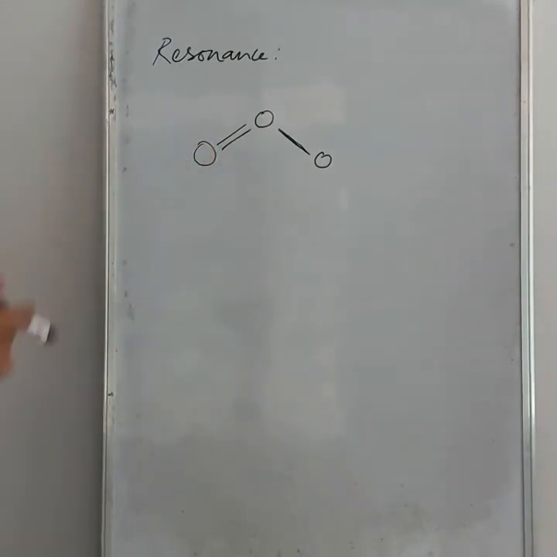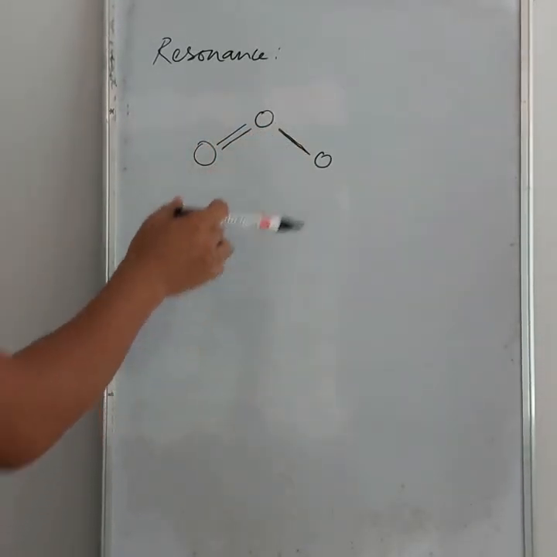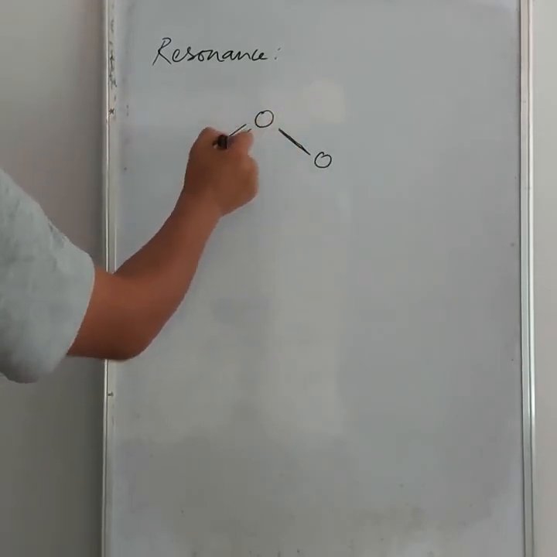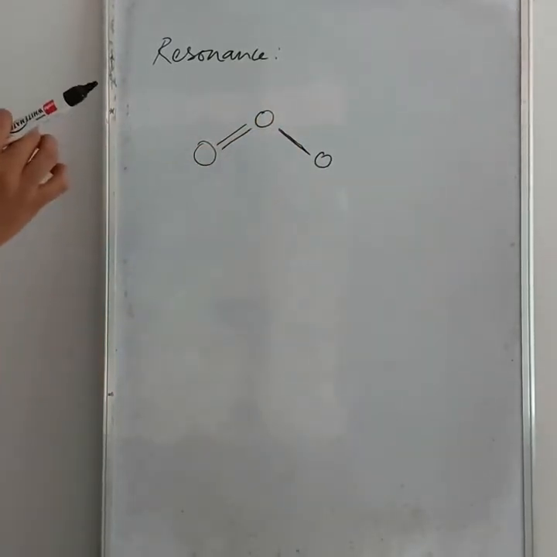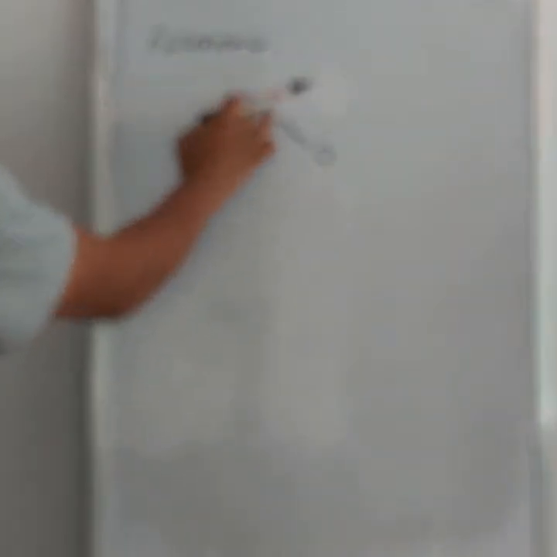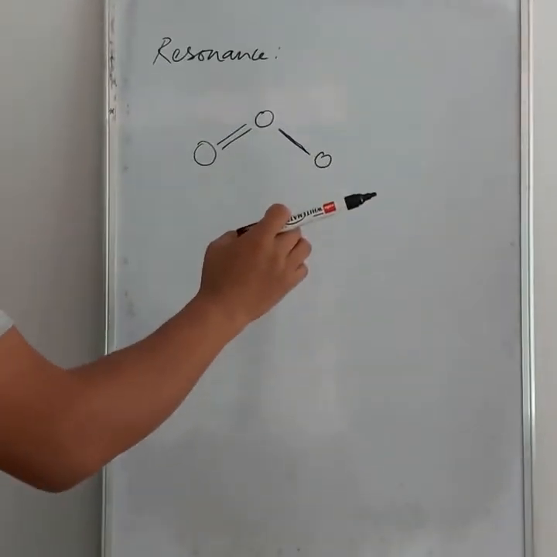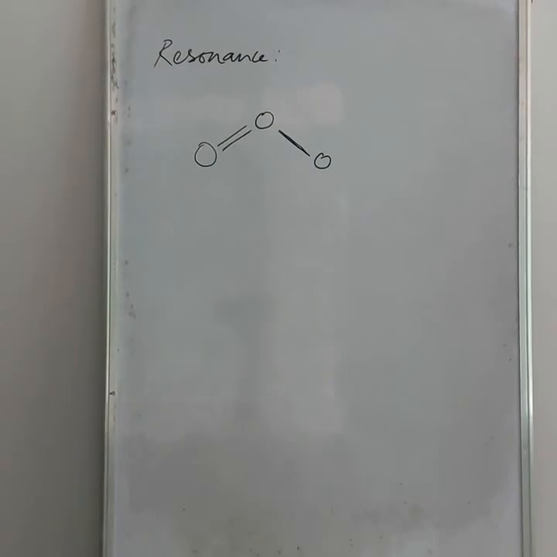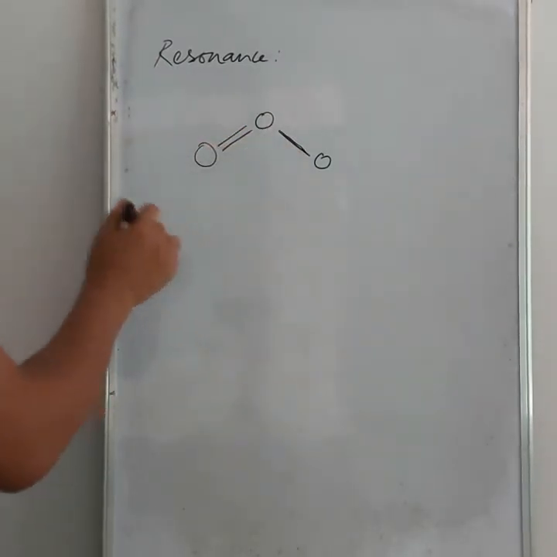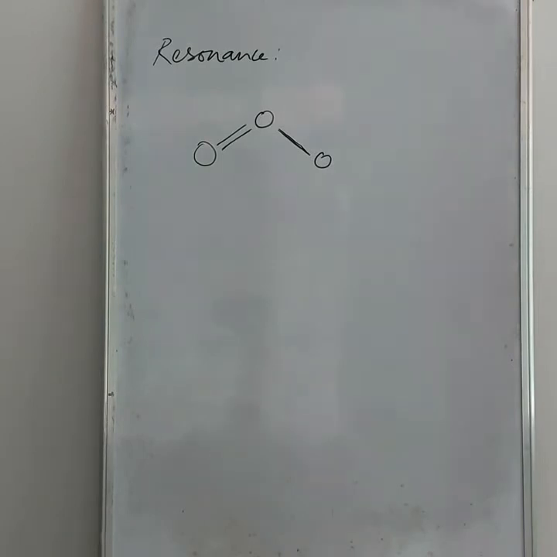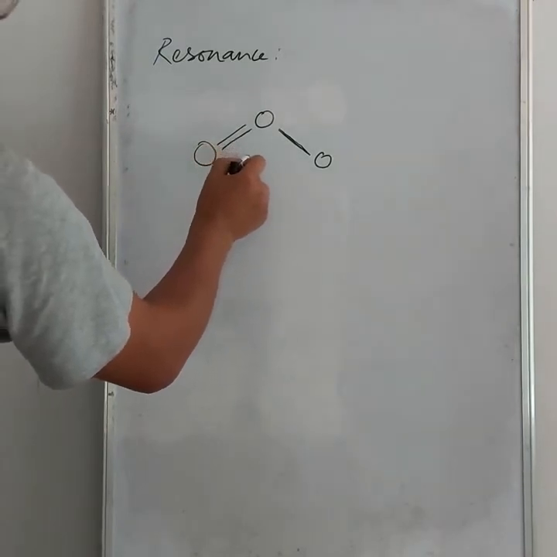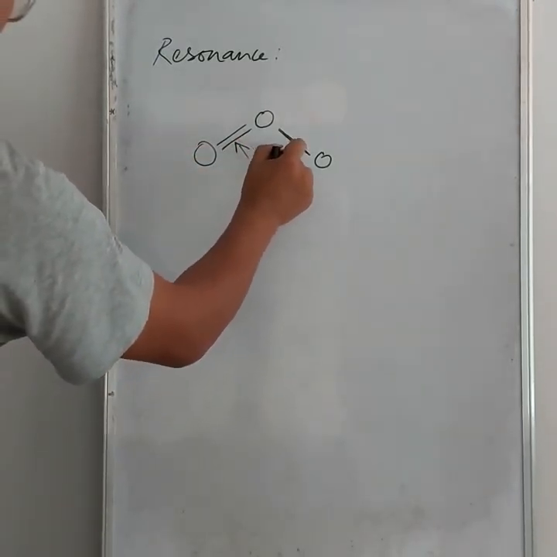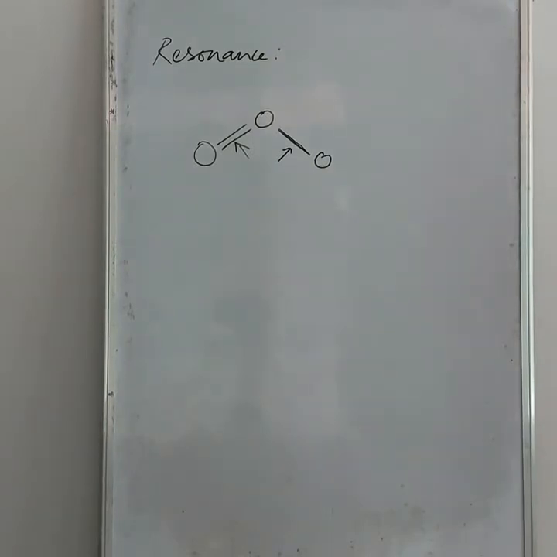In theory, single bonds are longer than double bonds, because in a double bond four electrons are shared between the two oxygen atoms, so they are closer, whereas in a single bond they share only one electron each, so they are farther apart. But when we measure, we observe that this doesn't behave truly as a double bond, and this doesn't behave truly as a single bond, but is in between.